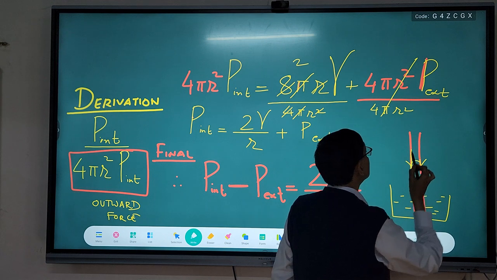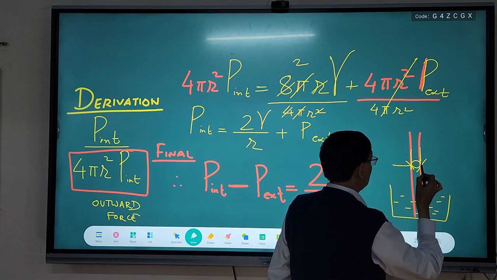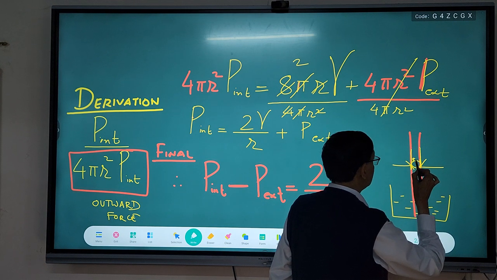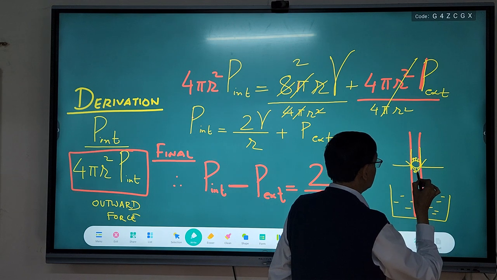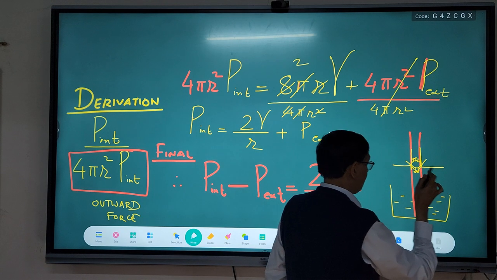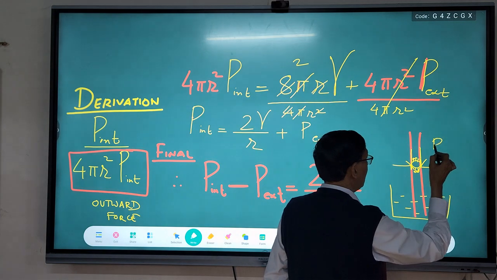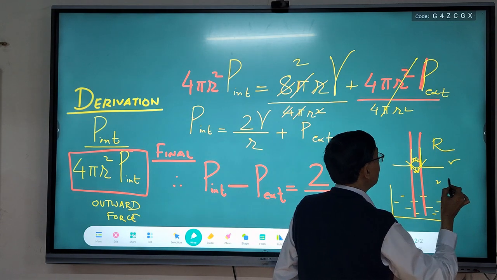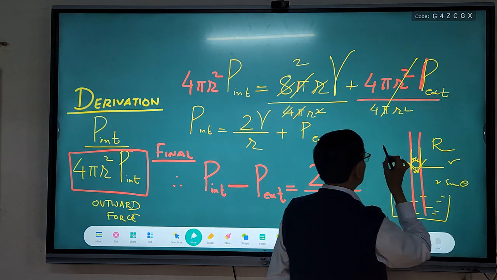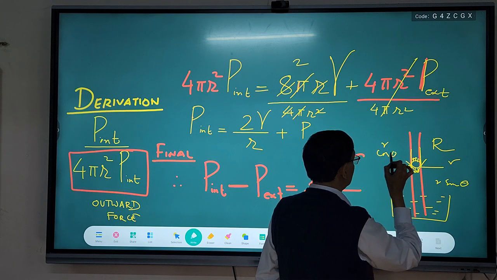There are two forces. Sometimes the resultant is R, so one is R sine theta, R cos theta, like that. I'll explain these things.